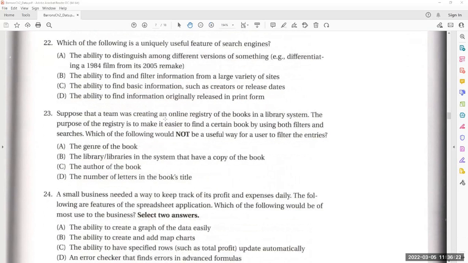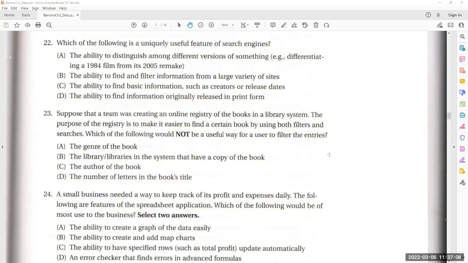22 is not important. 23, let me see. Okay, 23. Let me have Michelle Wen. Okay, Michelle. 23.